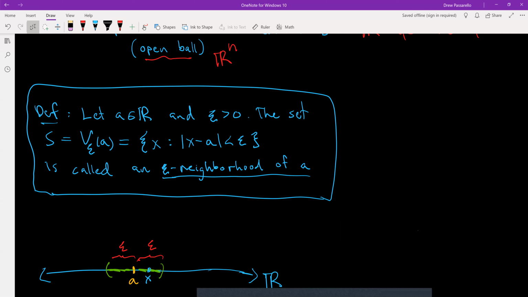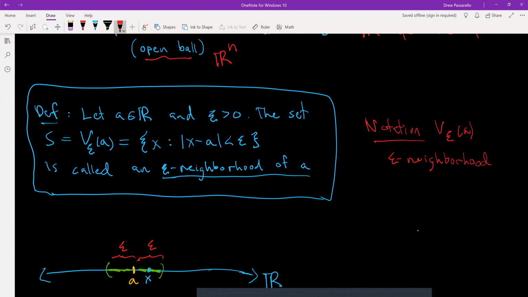Then the set S equals V with the subscript epsilon, and in parentheses A, so that's going to be our notation that I'll be using, and that's called an epsilon neighborhood of A. It's just the set of x values that satisfy the inequality where the absolute value of x minus a is less than epsilon.